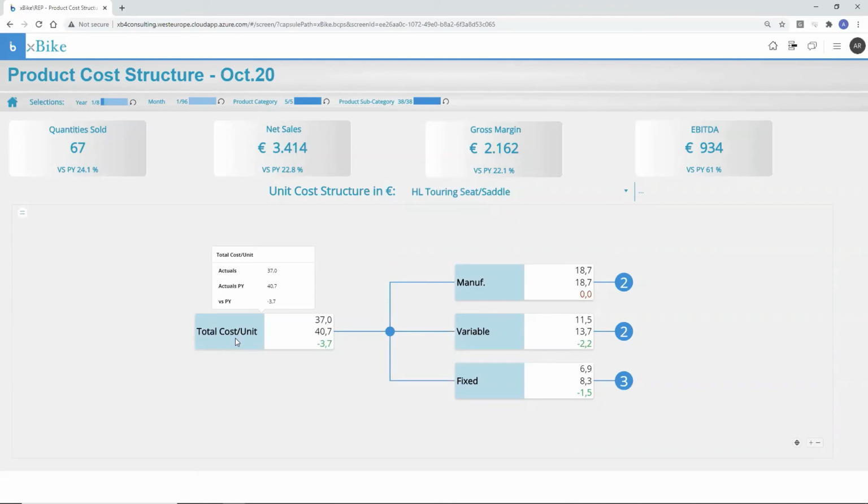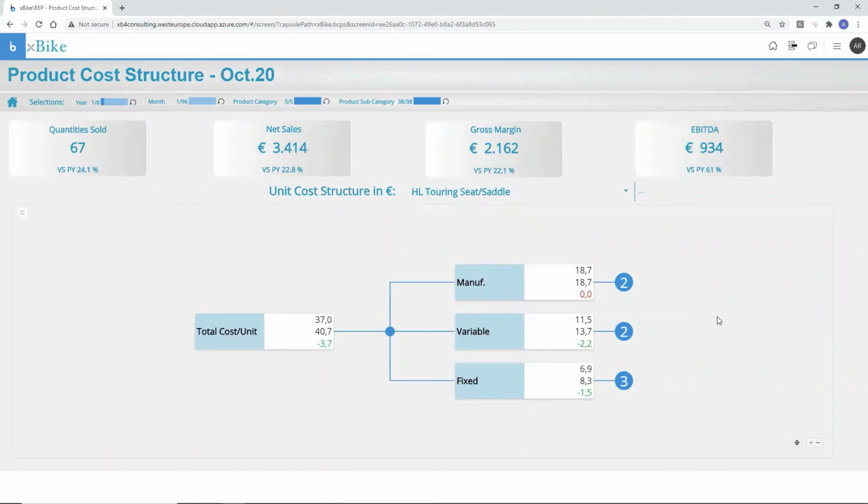So I've been able to decrease the cost by 3.7 euros. And I can also see which part of my cost I have been able to improve. I find here the manufacturing cost, which is mainly the cost of goods sold, and then the different expenses of my P&L, in this case split between variable and fixed costs.